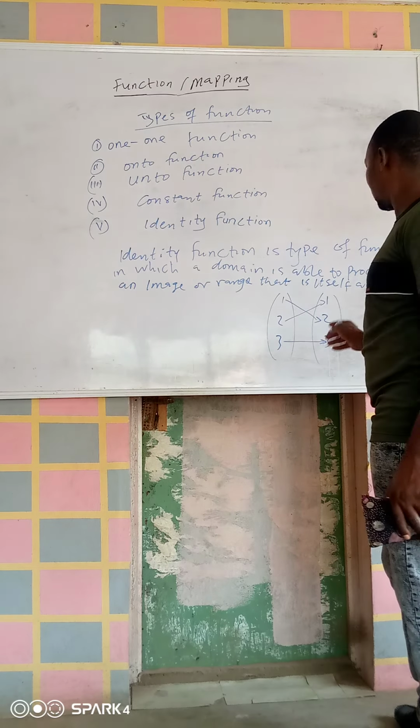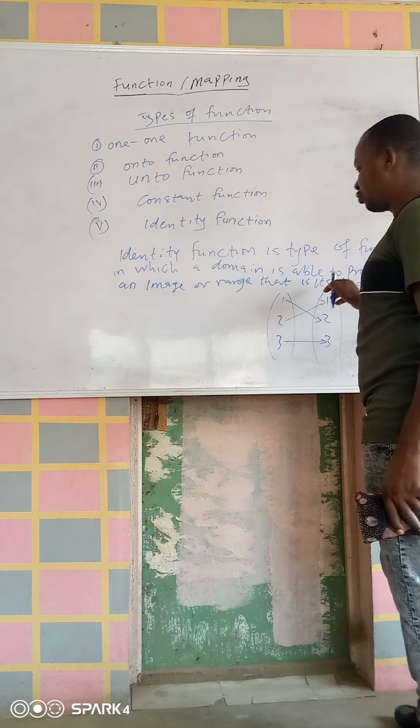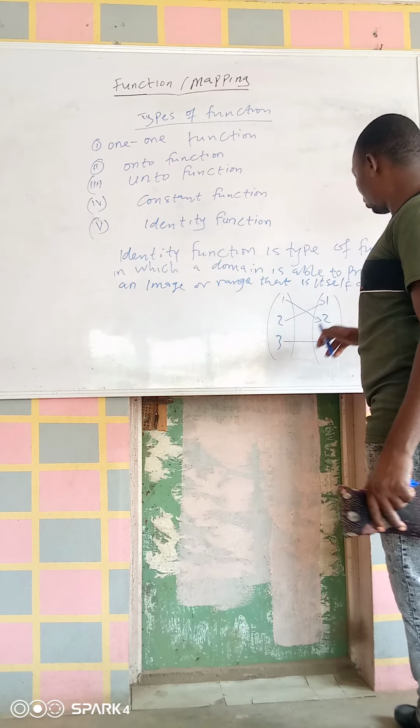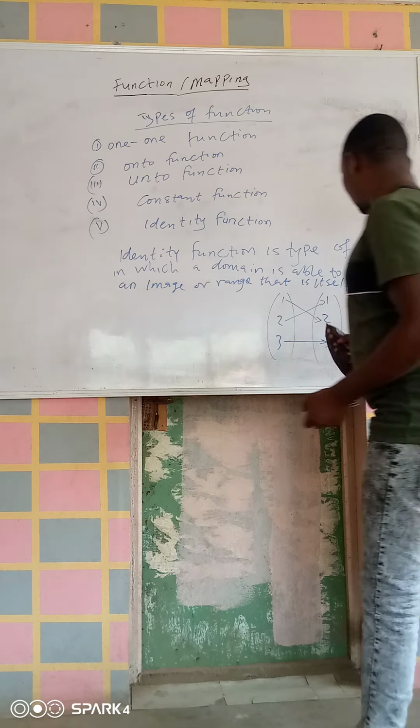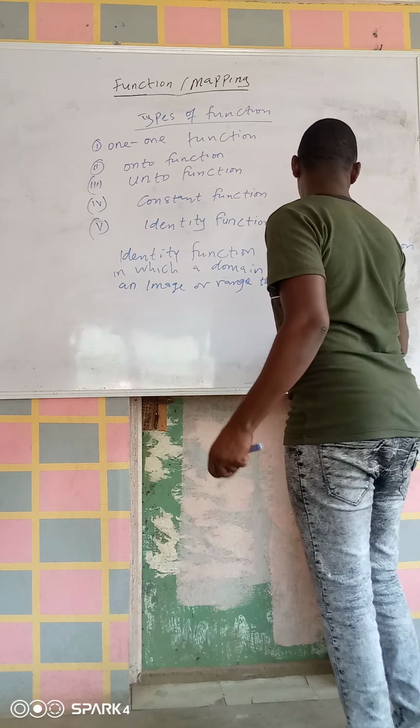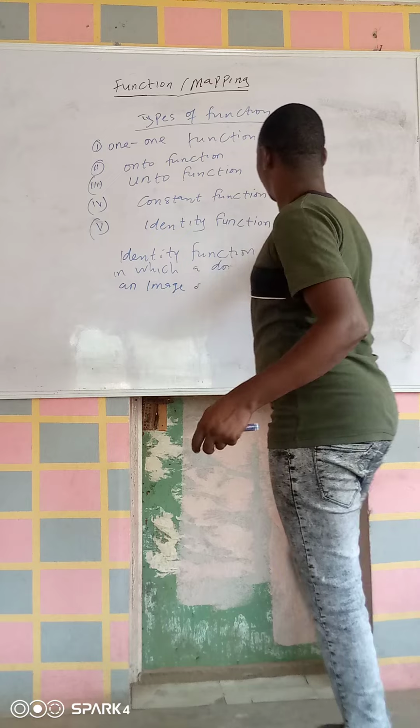It's when 1 is able to produce 1, 2 is able to produce 2, 3 is able to produce 3. That's when we say we have an identity function.